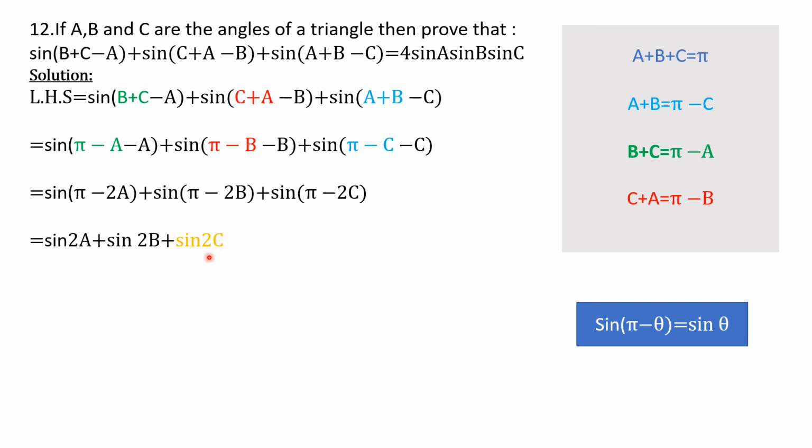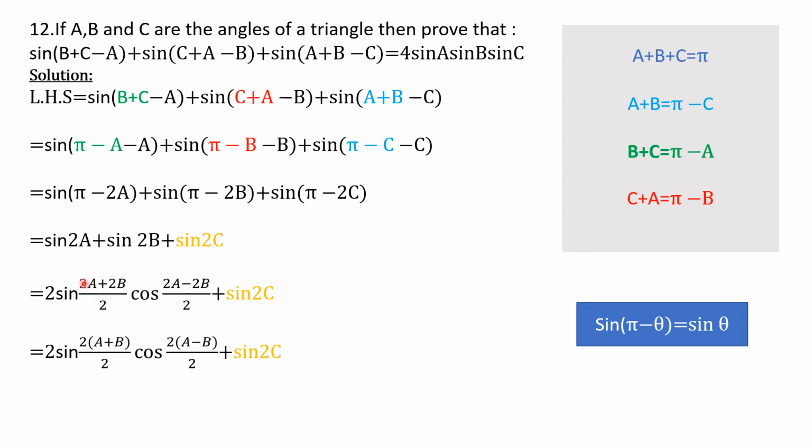Thereafter, we have learned the formula for sin C plus sin D. Using the same formula, we can write this sin 2A plus sin 2B as 2 sin((2A plus 2B)/2) into cos((2A minus 2B)/2). And the last portion, sin 2C, is copied as it is.